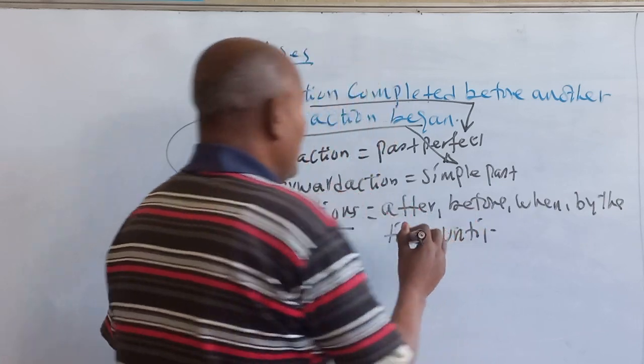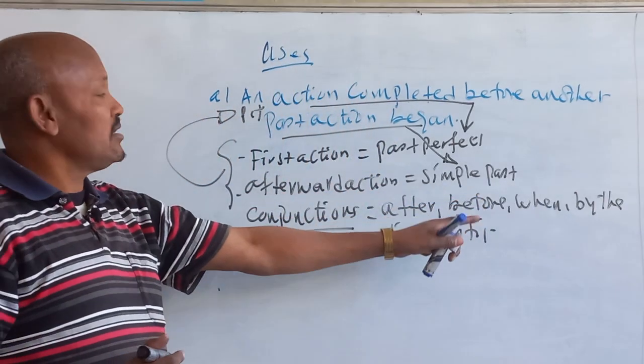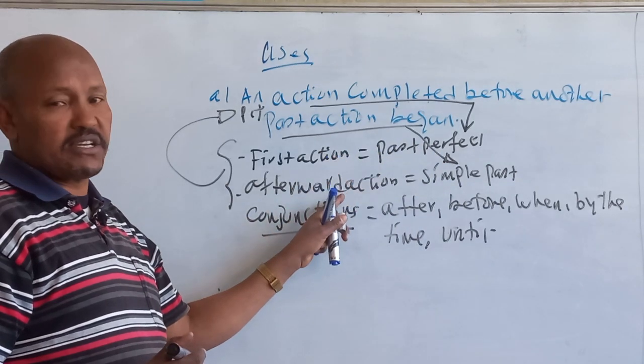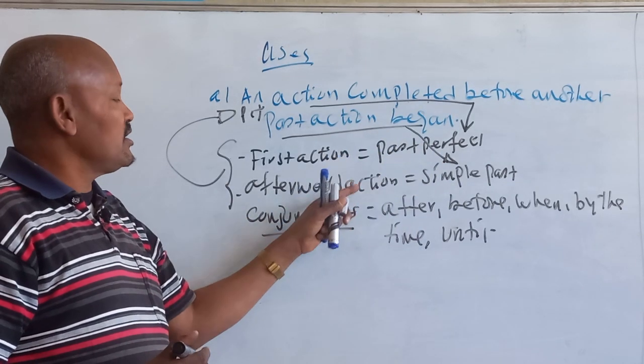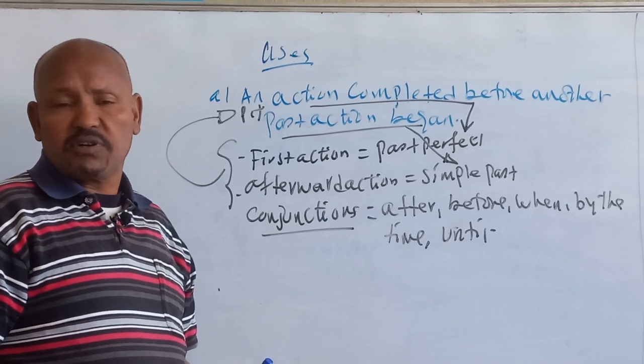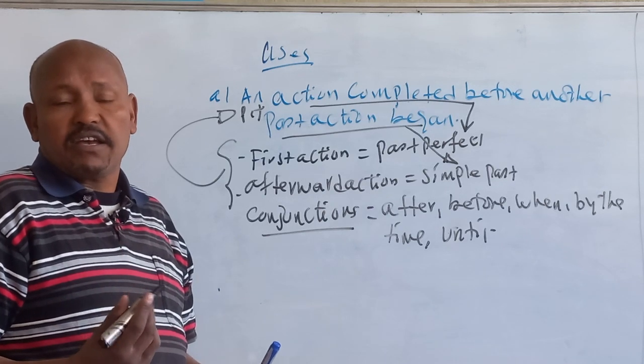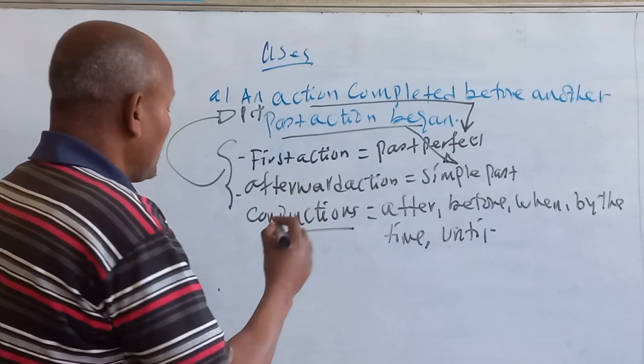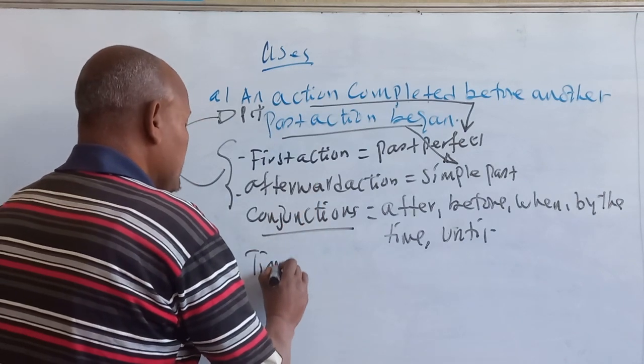These are the very important conjunctions when we make the past perfect, especially for joining the first action and the afterward action in a sentence. To construct these two different activities, we need these linking words.